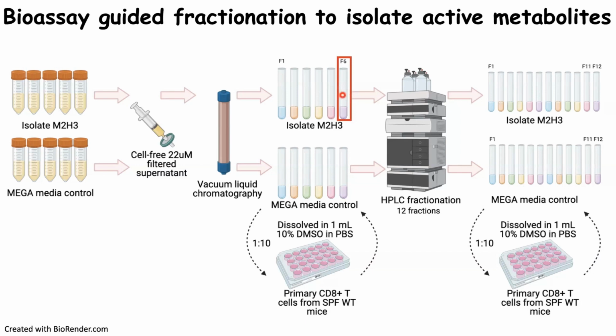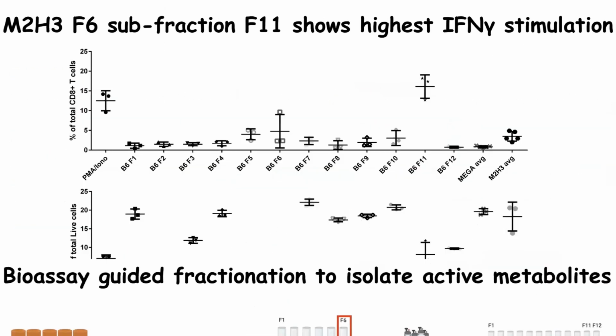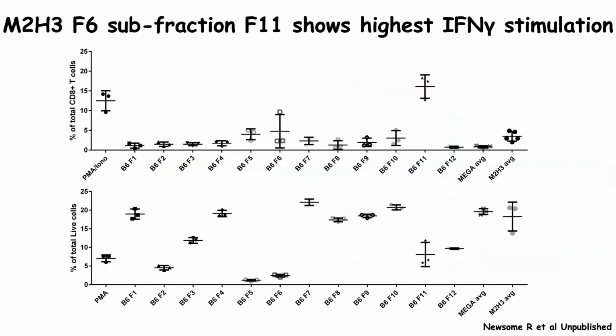We took that fraction, put it through another round of fractionation through HPLC into 12 different fractions, and screened that again in our cell system. And what we found is that this is our PMA control, positive. The only fraction that we found to induce interferon gamma was fraction 11. So we were quite pleased by that.